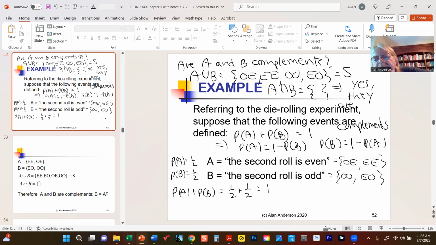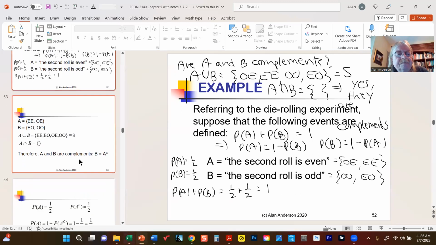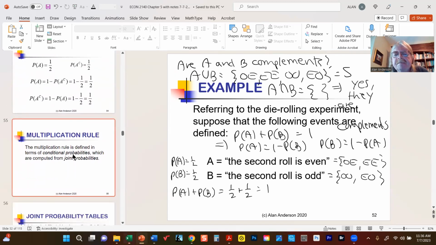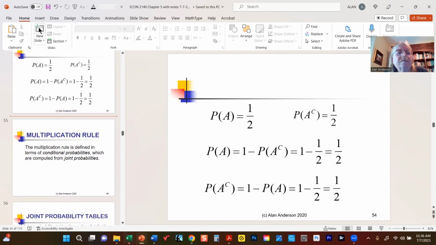Now, for some problems, you might find that it's easier to use the complement rule rather than calculating a probability directly. So again, it's important to understand the different ways this rule can be used. All right, and we'll get back to some examples of this. Actually, let's make one up right now.